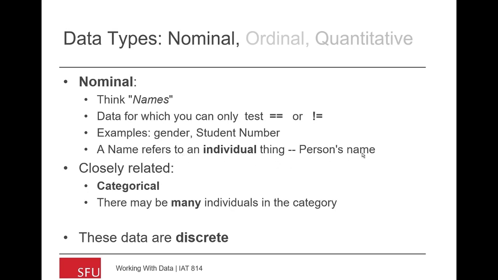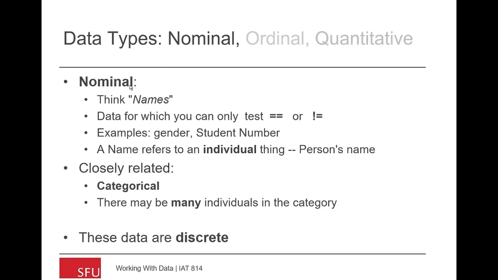Closely related to nominal data is categorical data, and that is where there may be many individuals in the category. However, the test for equality or inequality also holds for categorical data. It's just that the usage of categorical data has the implication that there may be a bunch of things in a particular category, or indeed there might be nothing in that category.